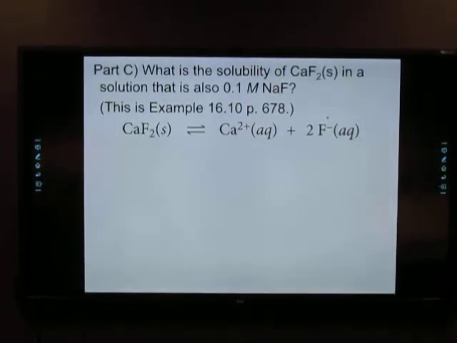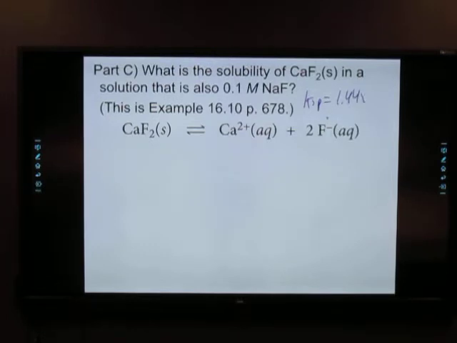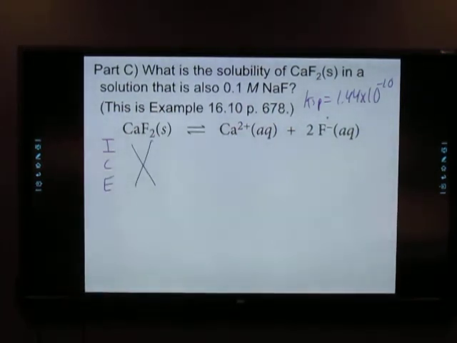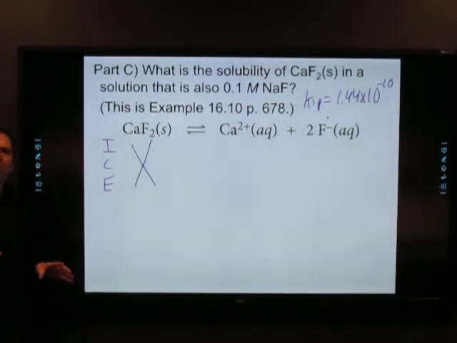It's 1.44 times 10 to the negative 10. That is from the table on page 675.